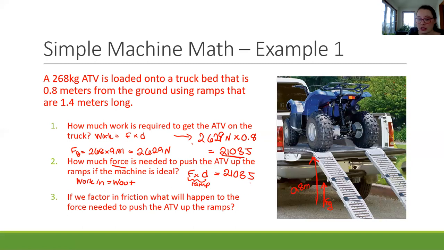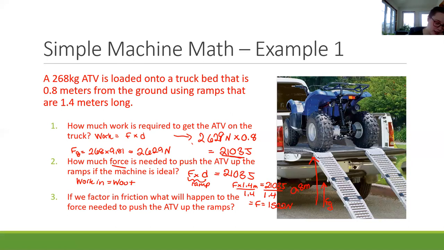I didn't leave much space to work. Let's see where I can squeeze this in. I think I can do it here. Force times the ramps are 1.4 meters equals 2,103 joules. Divide by 1.4, divide by 1.4, and we get the force is equal to 1,502 newtons of force.